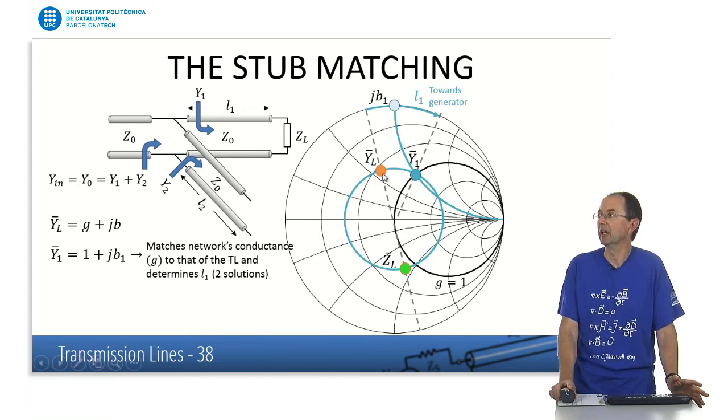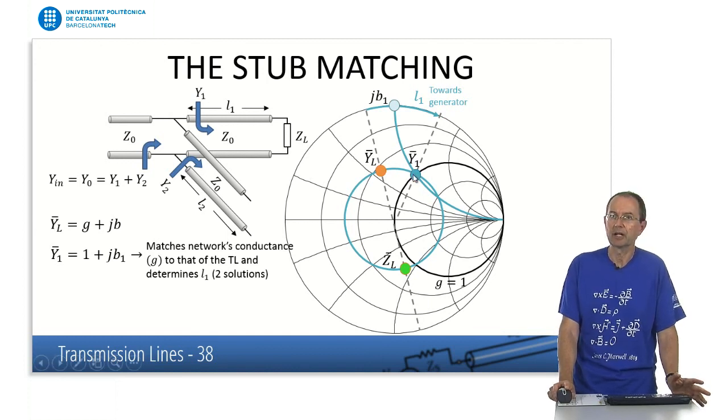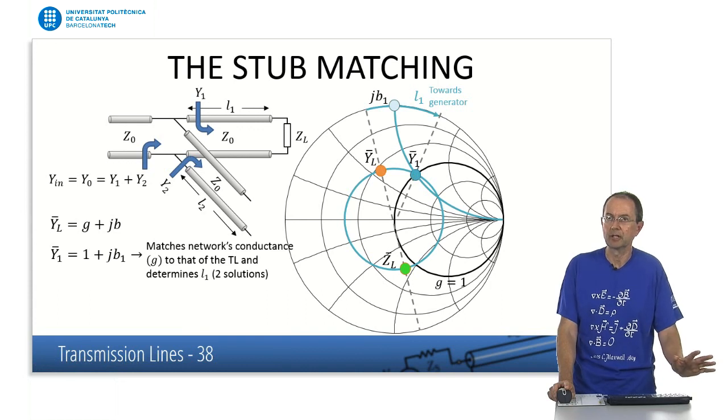We have done nothing because the reflection coefficient here and here are the same. Only the phase has changed. But we still have a reflection condition here. Why? Is the real part correct? Yes, the real part is correct. We have admittance equal to 1. That's perfect.